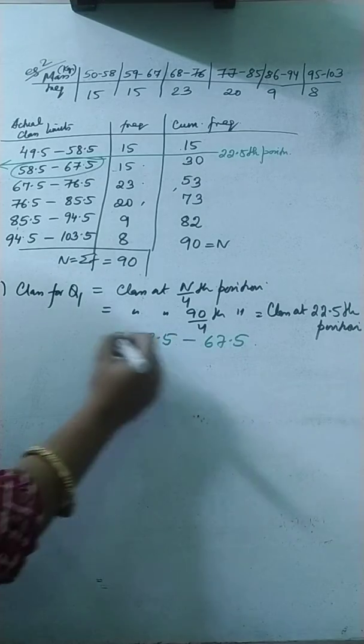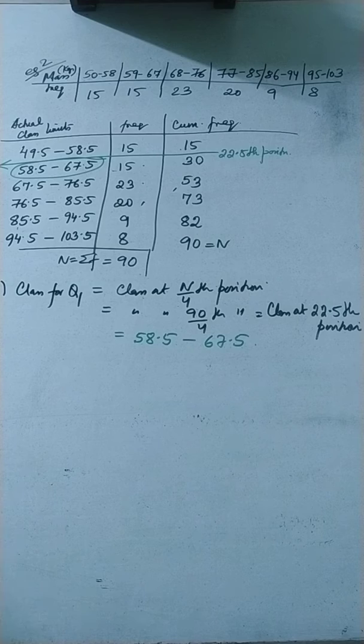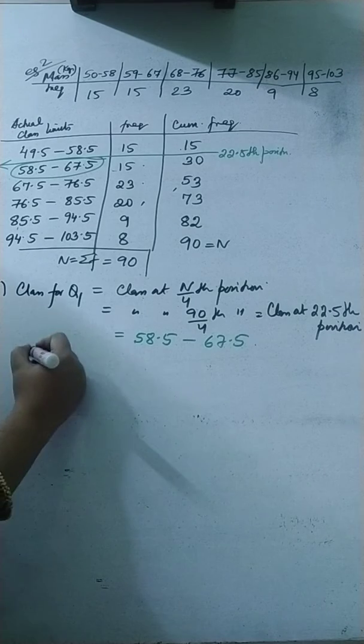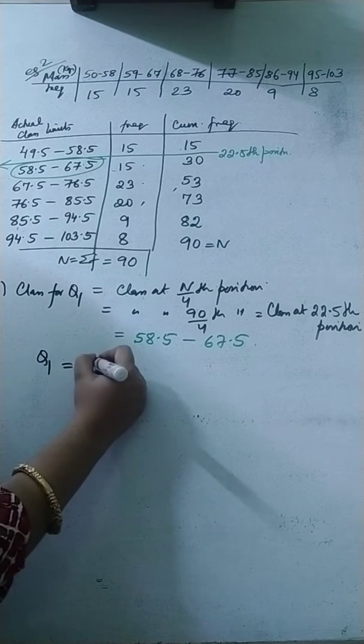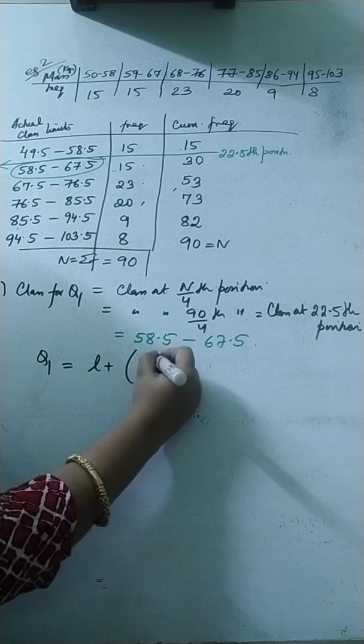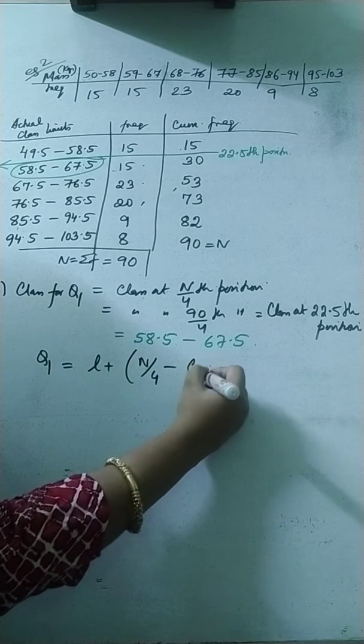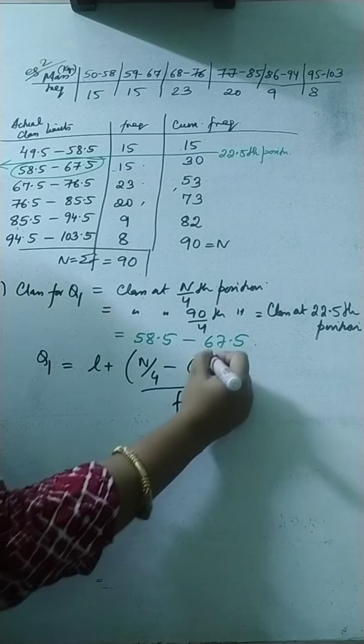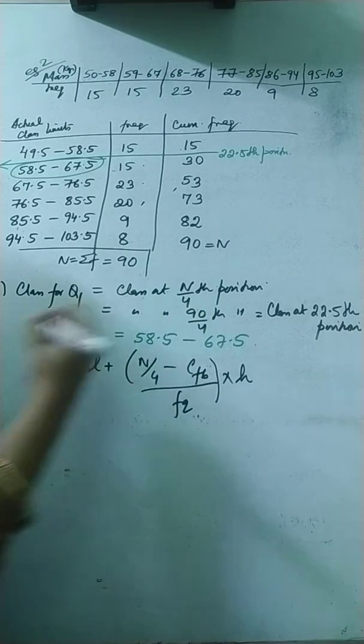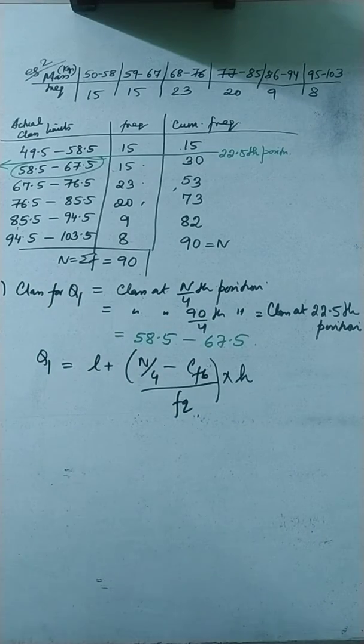So that means this value is your L. First, let us find the formula now. Q1 is equal to L plus n by 4 minus CFB by FQ into H. Okay, what are the values over here?